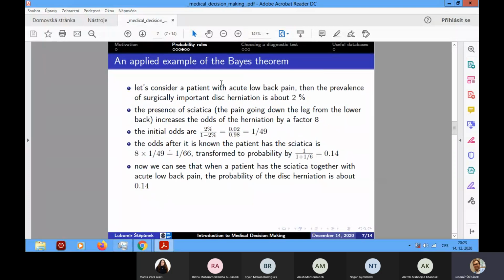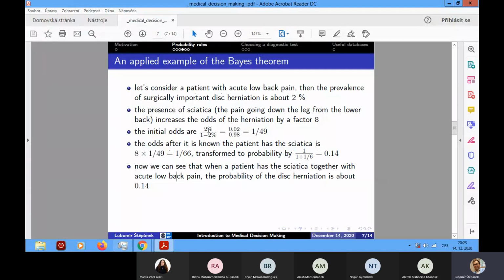Okay, so that was just an example of the Bayes theorem. As I told you, I think that you are not going to do it on a daily basis, but it will be useful in a very complex situation where neither you nor your colleagues would know what to do, or what the risk of some severe state for the patient could be.